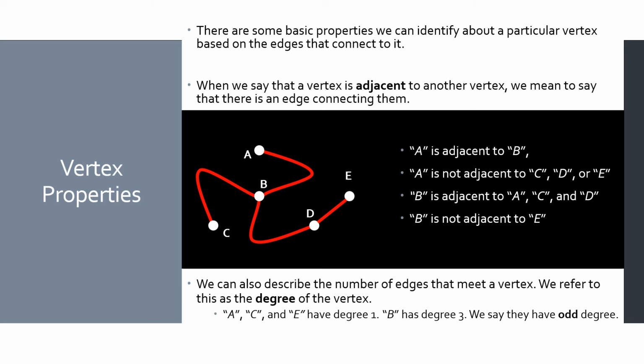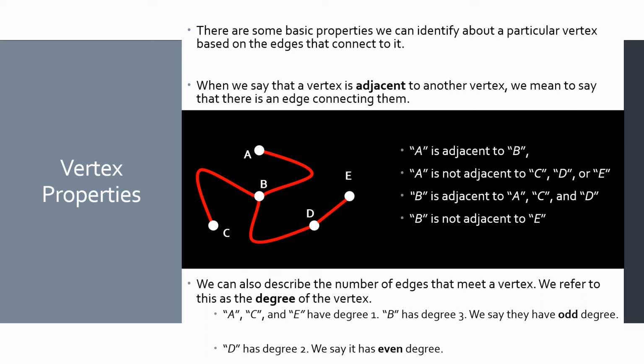And since 1 and 3 are odd numbers, we say that they actually have odd degree. And that matters because of stuff that we're going to be dealing with in 13.2 or 3. It might also be in 13.4. But the odd or even nature of the vertex has an effect on some problems.